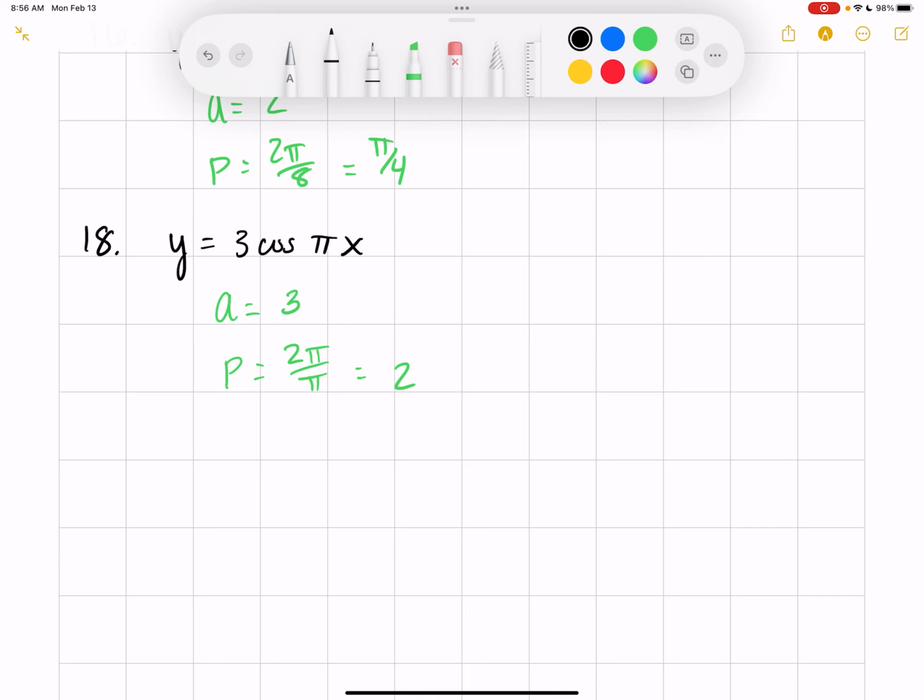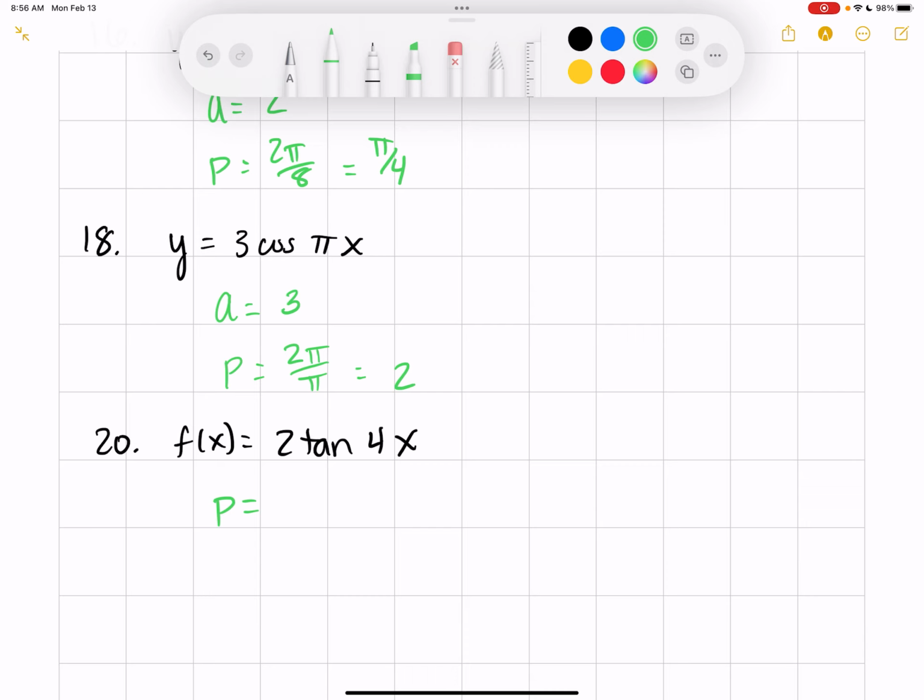All right. And then I do want to look at a couple tangent ones here. So number 20, we have f of x is equal to 2 tangent of 4x. With a tangent, remember we're not looking at amplitude, we're looking at period and vertical asymptotes. So the period for tangent is what?